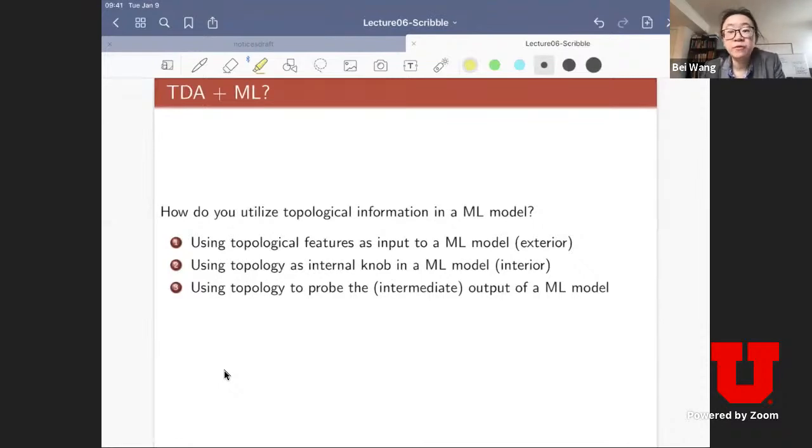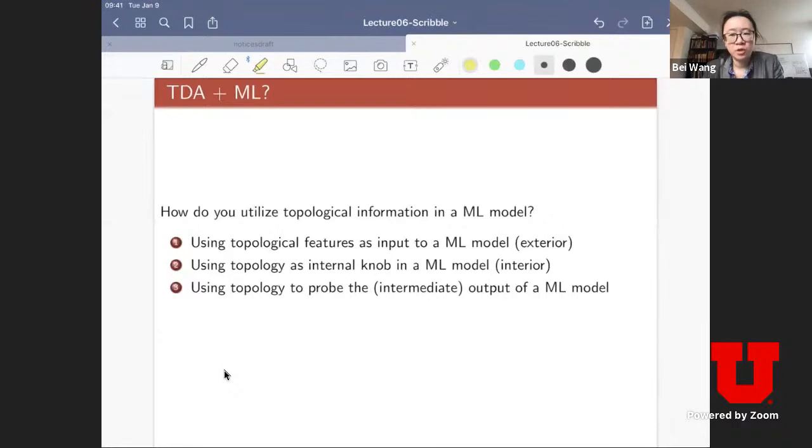For each of those molecules, I'm going to compute its persistent homology, and it's going to give me some sort of vector. There are various ways to vectorize a persistence diagram. Let's say I turn it into a vector, so that became my topological feature vector. Then I can fit it to a classifier, using that topological feature to help me with my classification tasks.